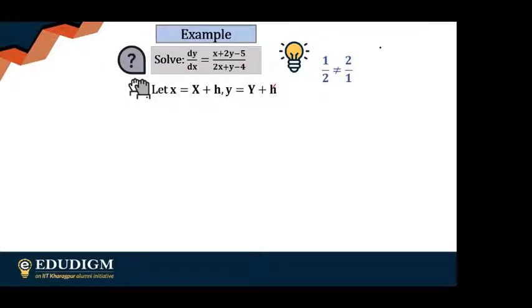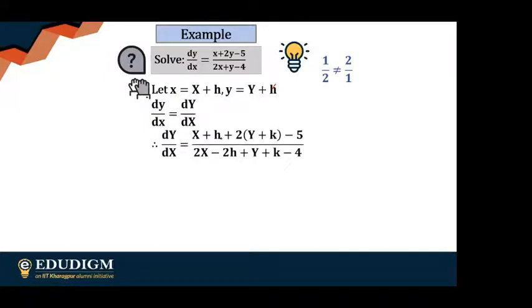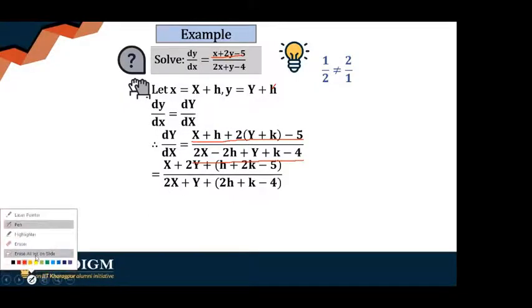This is very important that you understand this. h and k are still to be determined. Look at what I have written here. dy dx is this. I have just put the values. It's very, very simple. I can write this as this one.